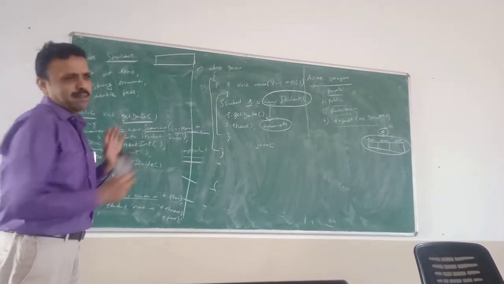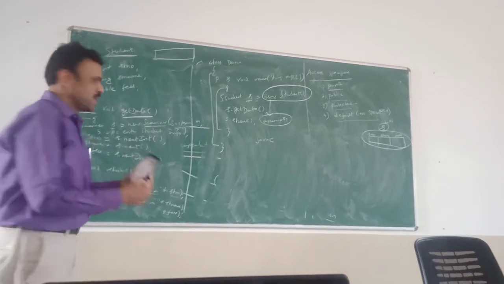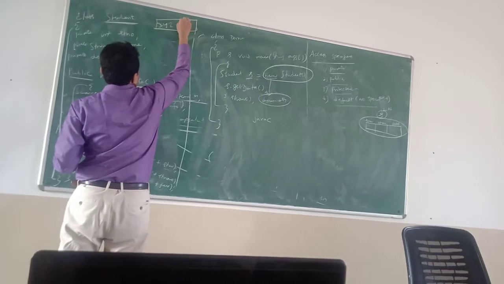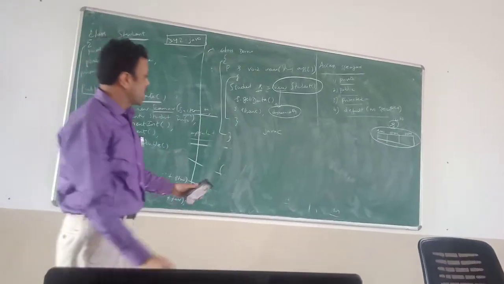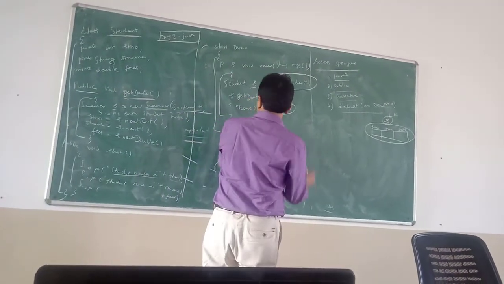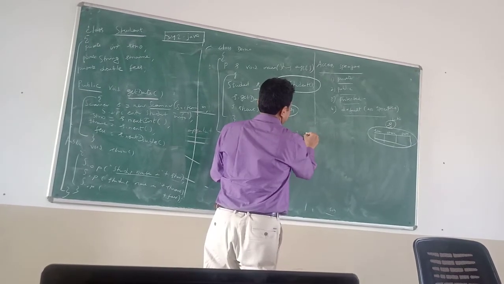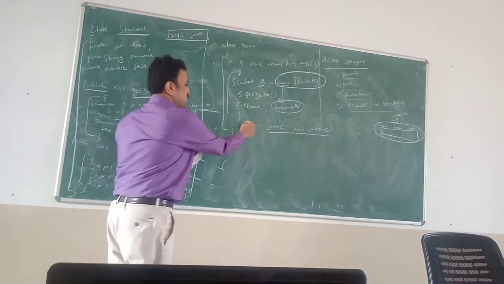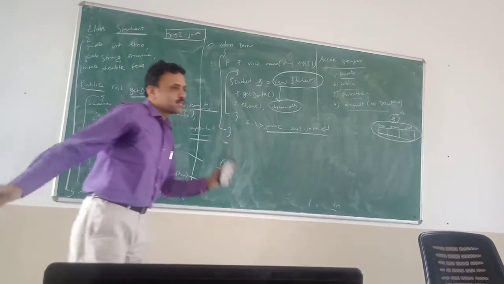I can give any file name. Actually speaking, I can even give xyz.java. Only the extension should be .java. So how do I compile? javac xyz.java.